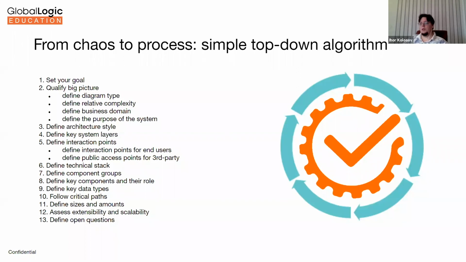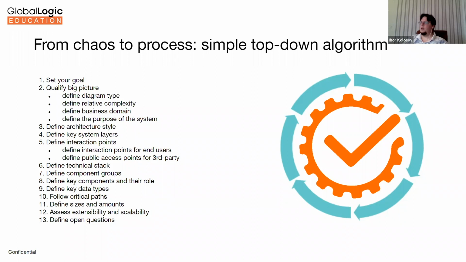And also at this stage, we will be able to define the general purpose of your system. Moreover, at the beginning, you will be able probably to define architecture style. Is it microservice based architecture? Is it N-tier approach? Is it something related to big data? I don't know. You will be able to observe this and define architecture style.